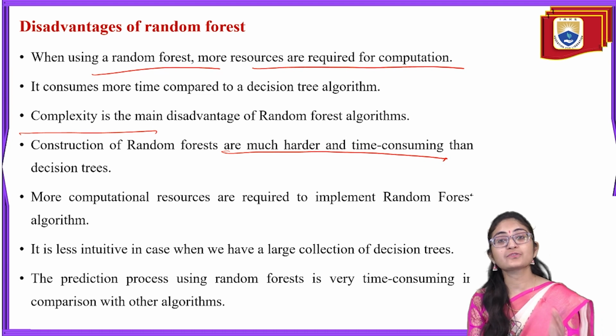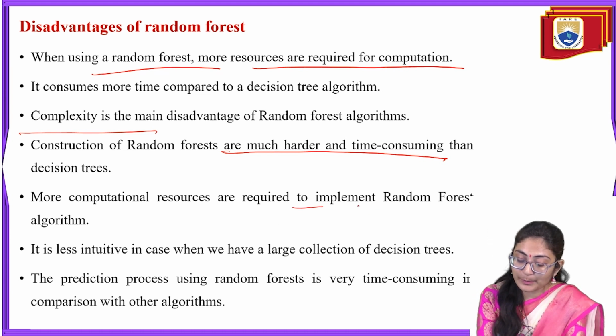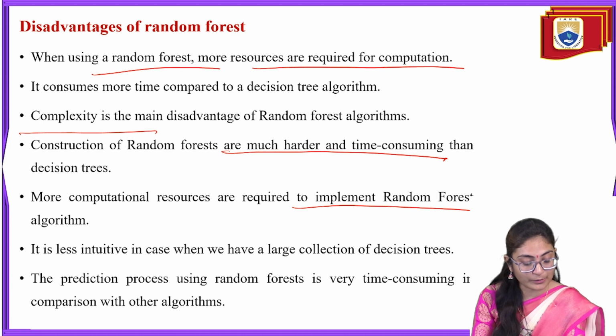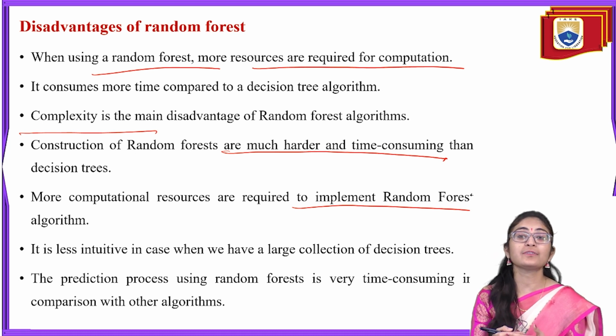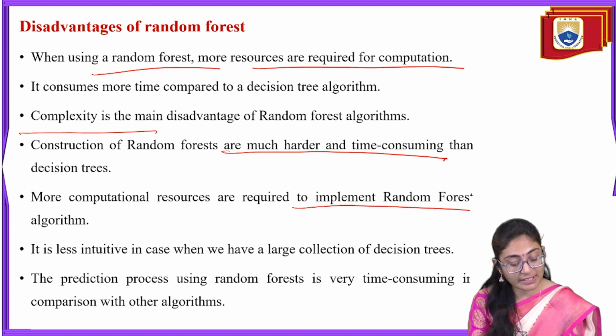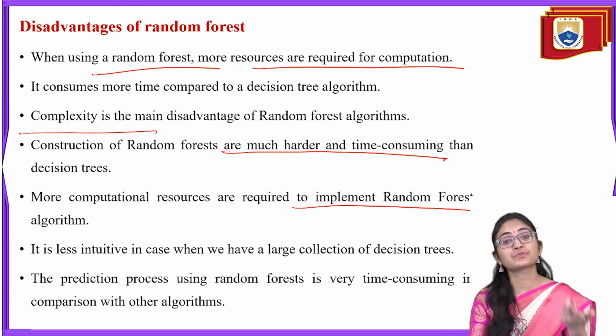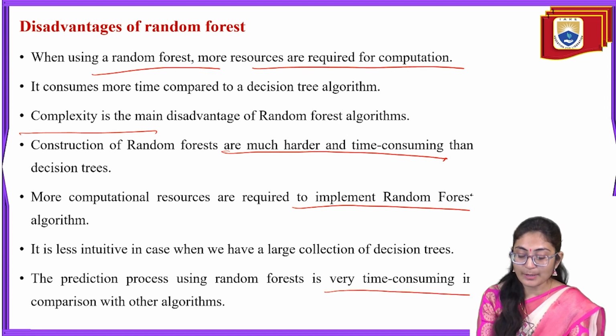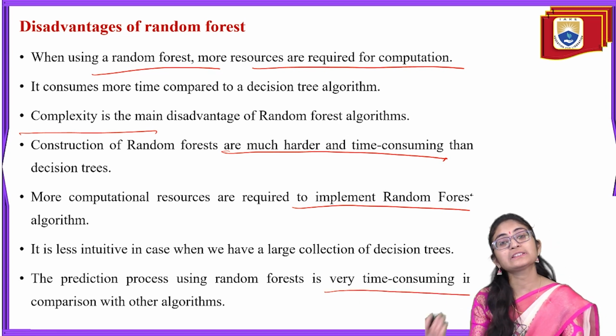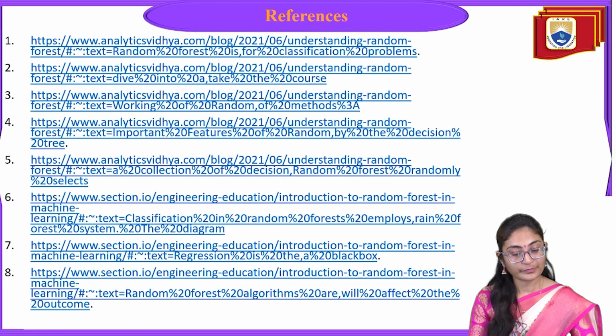More computational resources are required for implementing the random forest algorithm. Then it is less intuitive when we have a large collection of decision trees, and the prediction process using a random forest is very time consuming in comparison with other algorithms.